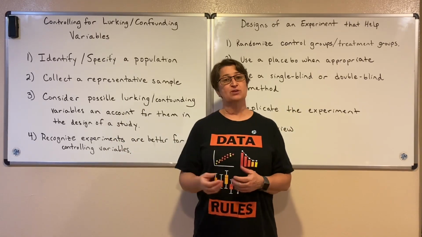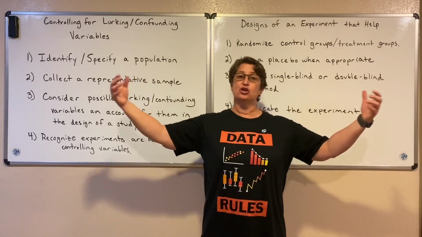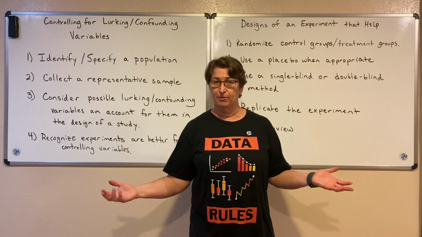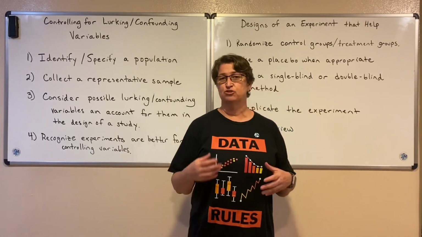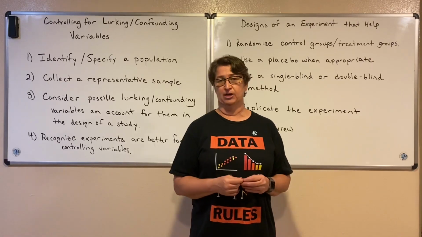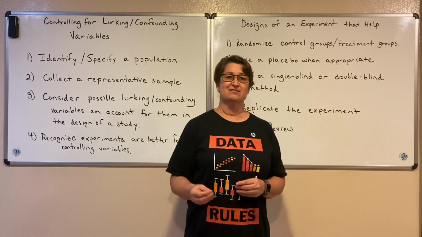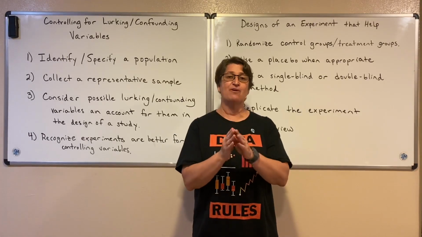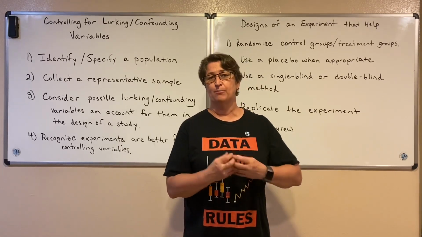And we may sometimes need to narrow that population down. Maybe we're not looking at all of America, or all adults in America, or even all adults between the ages of 20 and 30 in America. Maybe we narrow that down to adults in Texas between the ages of 20 and 30. We just need to be careful with what our population is.